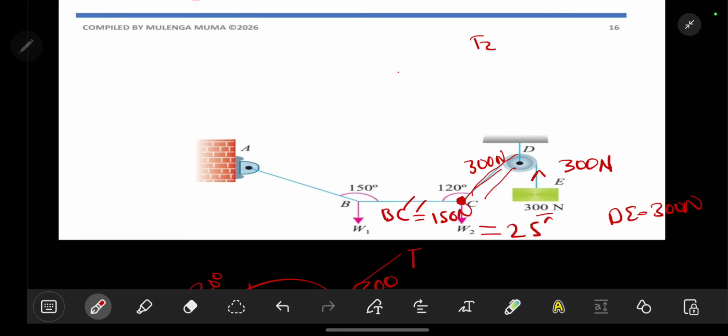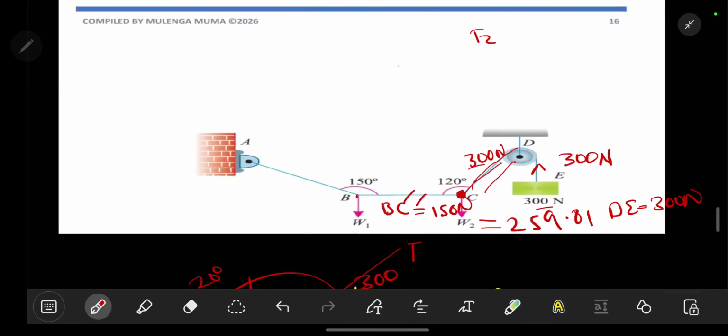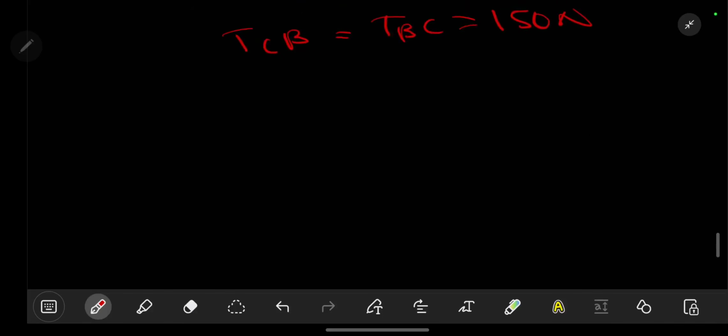This one is 259.81 newtons. We have also found the 300 here. So all we are remaining with is the weight down here and the tension at AB. So we are going to take this one again and draw another XOY plane. Now this one is attached to the wall, so it's going like that.